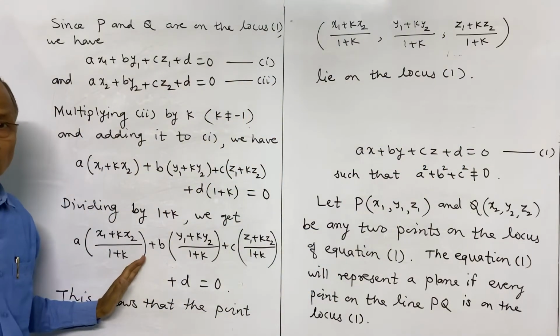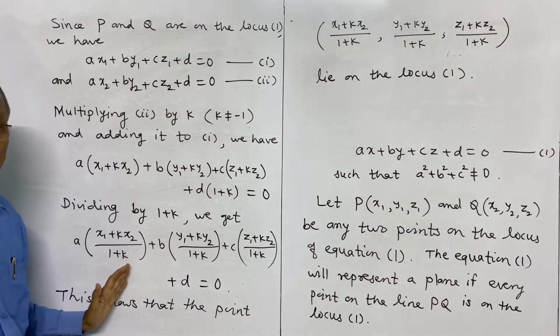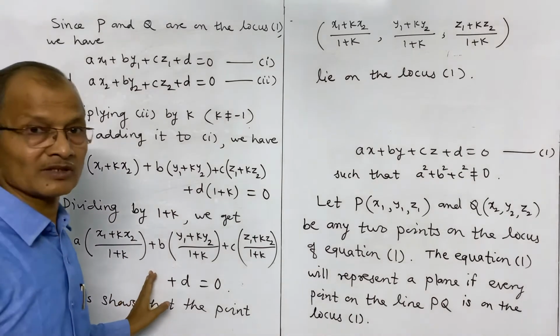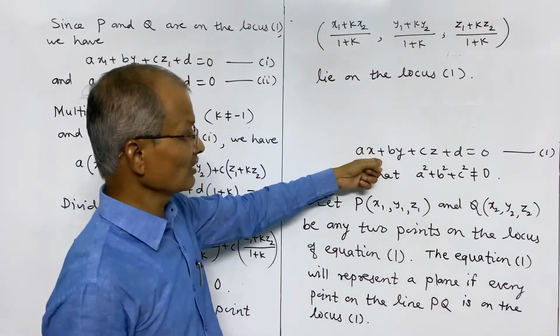When a point's coordinates satisfy a certain equation, then we say the point lies on that surface. So this point lies on this surface.